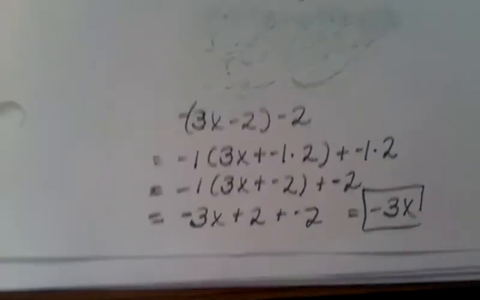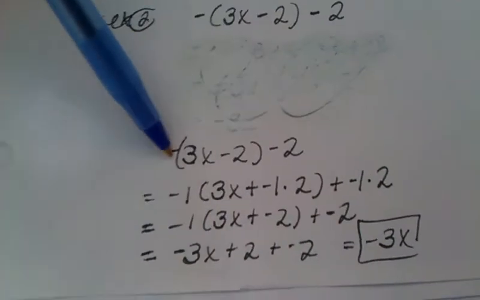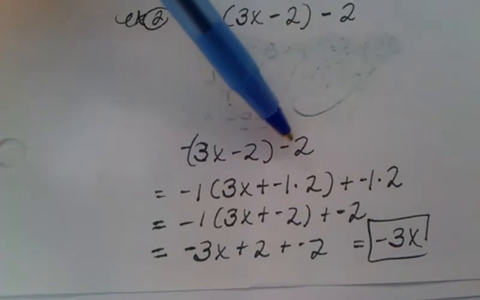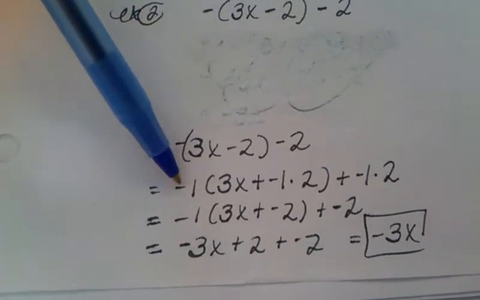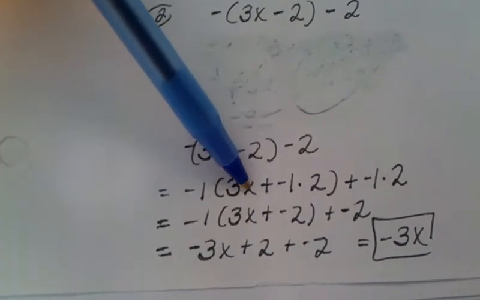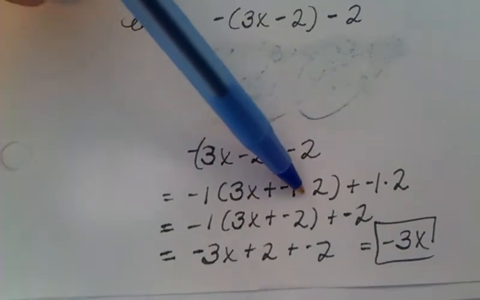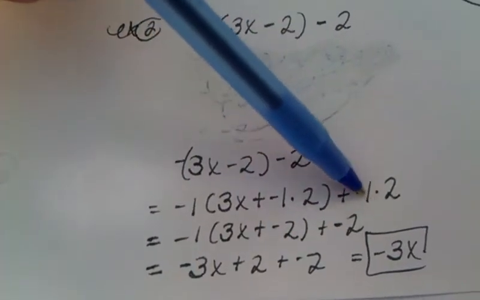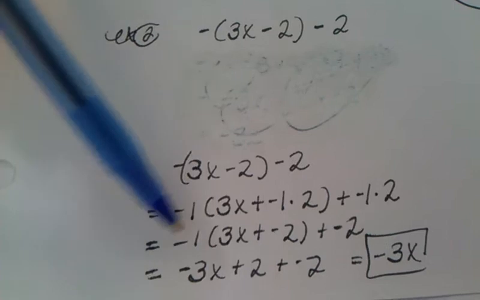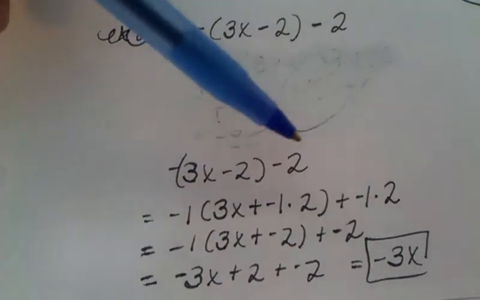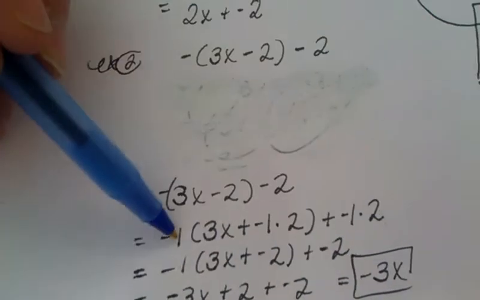So here is another example, example 2. Let's say I have negative 3x minus the quantity 2 minus 2. So I'm going to turn this into a negative 1 times 3x plus a negative 1 times 2 plus a negative 1 times 2. So here I can distribute this.